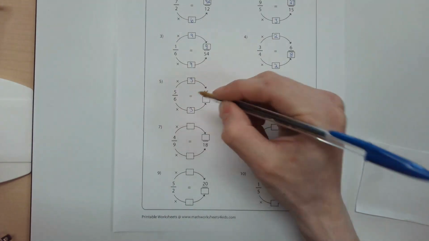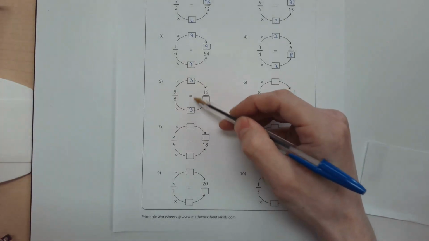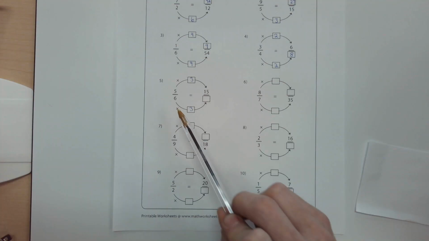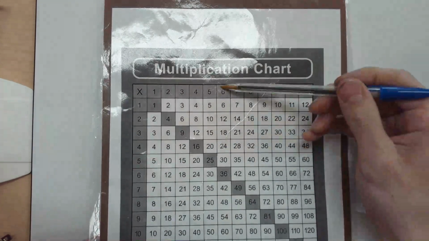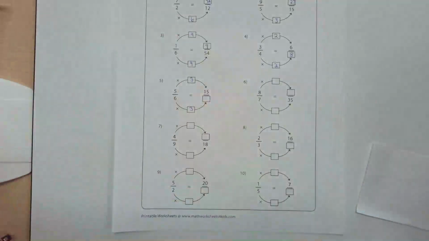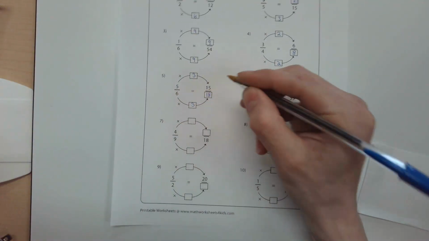Let's bring that 3 to the bottom there. These two are now equal. That's what we like to see. 6 times 3 is 18.